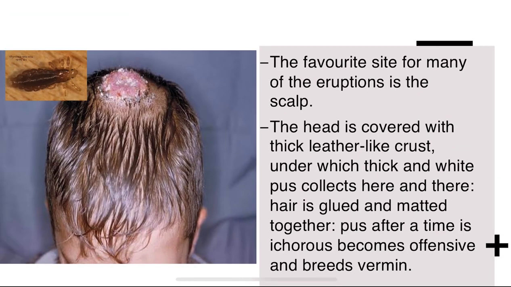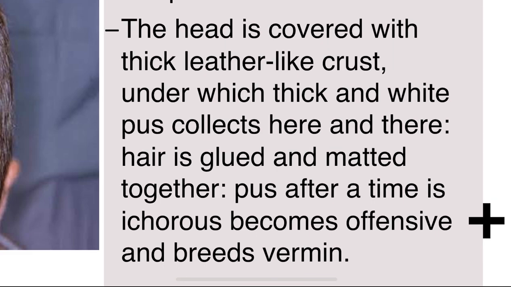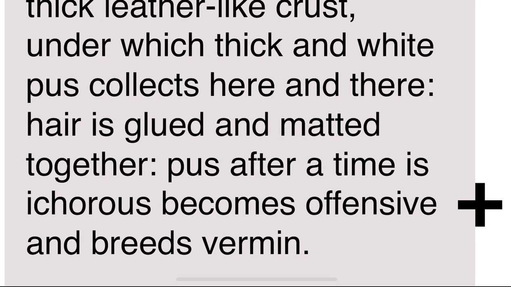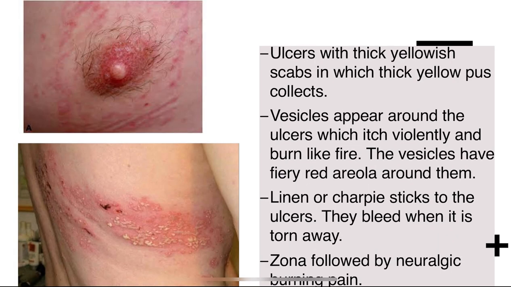The same thing is given here. The head is covered with a thick leather-like crust under which the thick and white pus is collecting. Hair is glued and matted together. Pus after a time becomes offensive, ichorous, and starts breeding vermin.